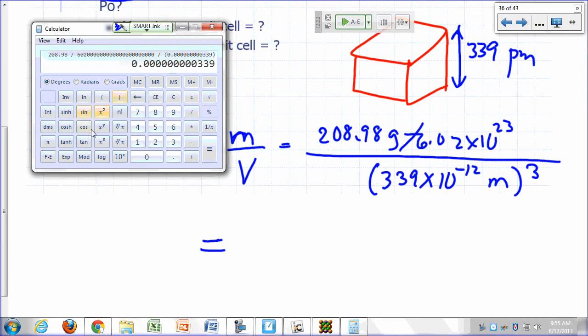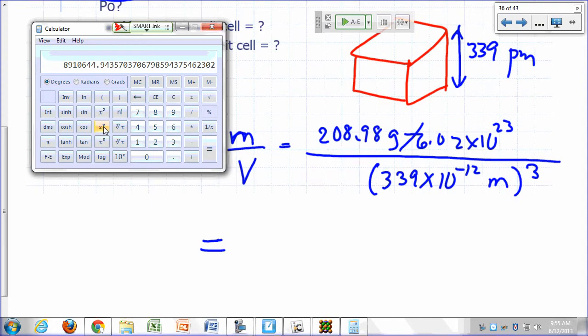Okay, raised to the power. How do I raise things to the power on this calculator? Here, x to the y, raised to the power 3. So that is to 3 sig figs 8.91.